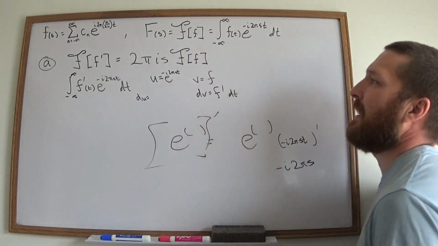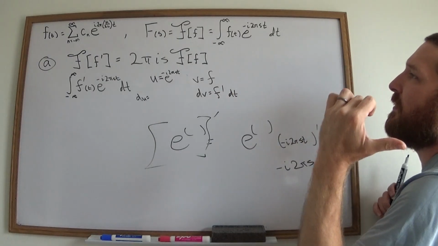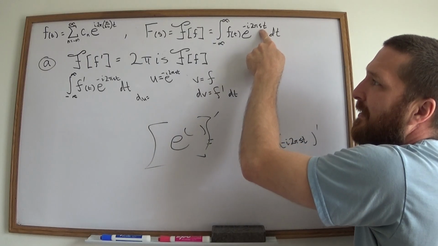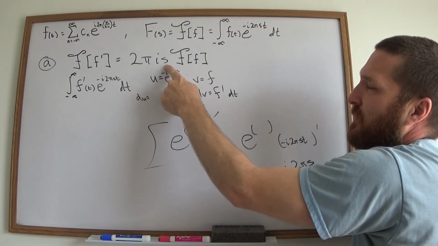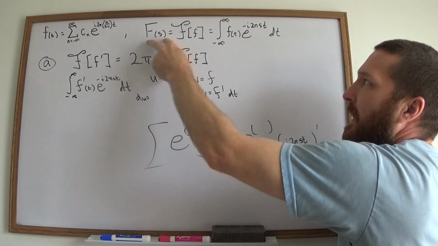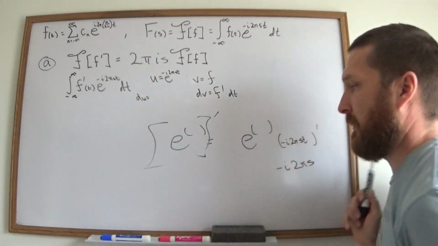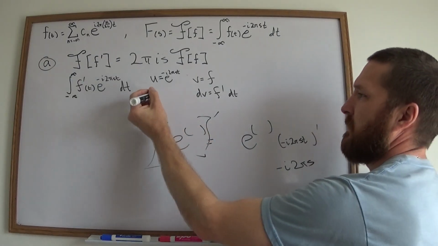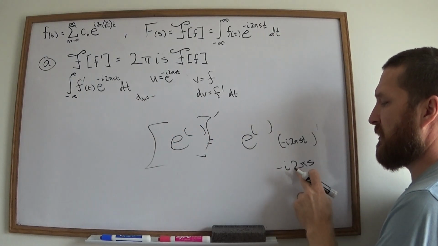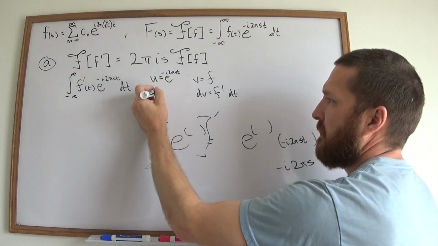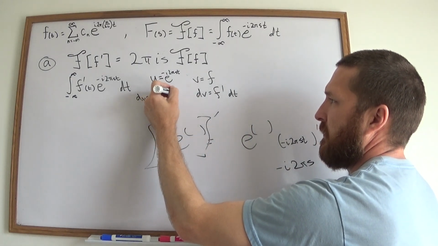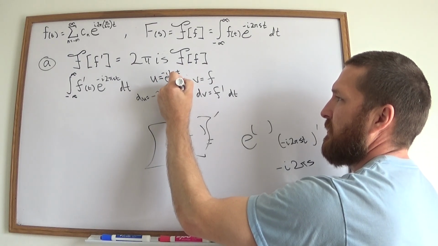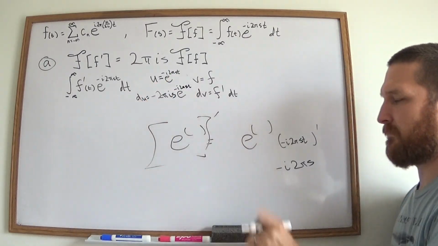In the way I wrote it, I had f of z, and then I put a z here to show that here we're using s. So I'm going to put an s there. Then the derivative should just be minus 2 pi i s times the original stuff, e to the minus i 2 pi st.